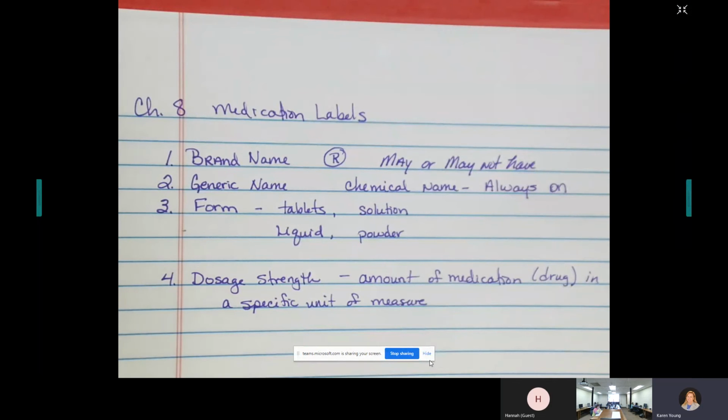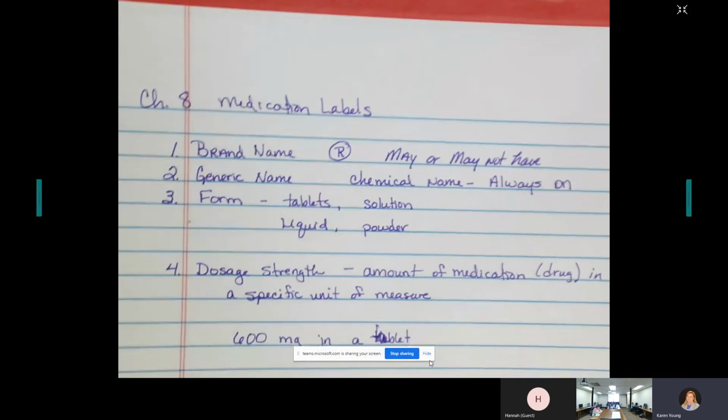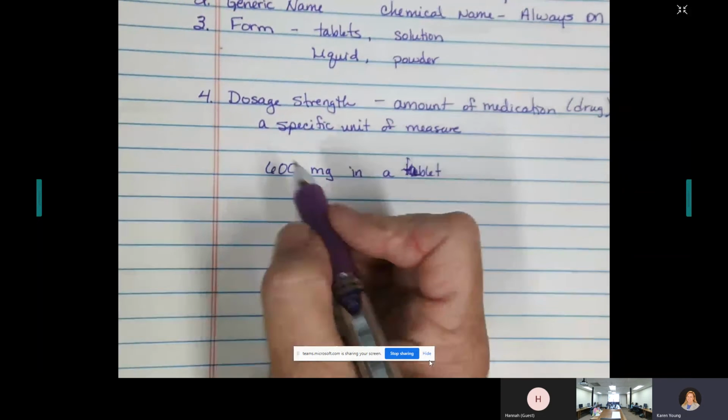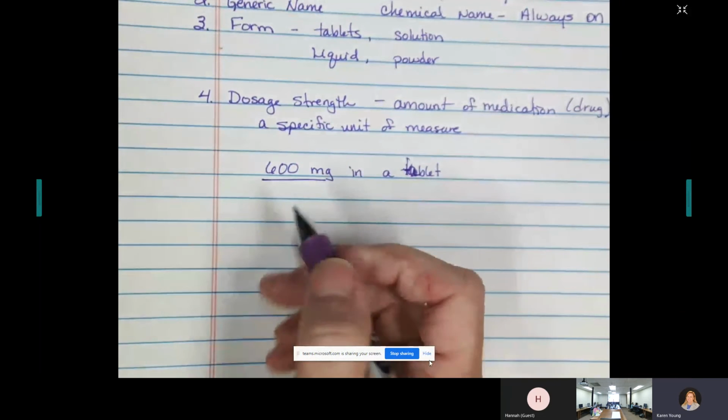So sometimes it's written as a rate, or sometimes it's just written as a number with a unit of measure. Like we have 600 milligrams in a tablet. So if you're, you know, tablet forms, we have 600 milligrams. So the 600 milligrams is our dosage strength.